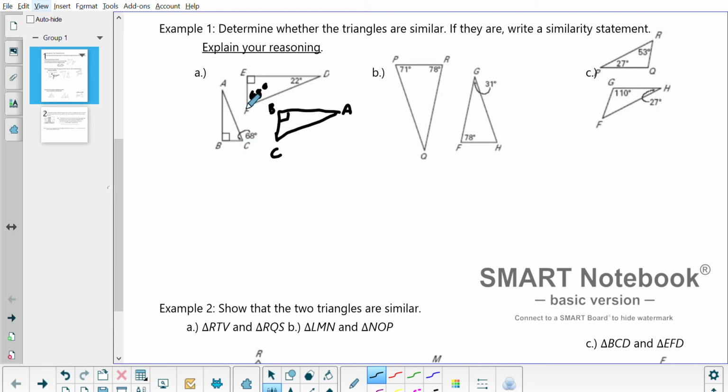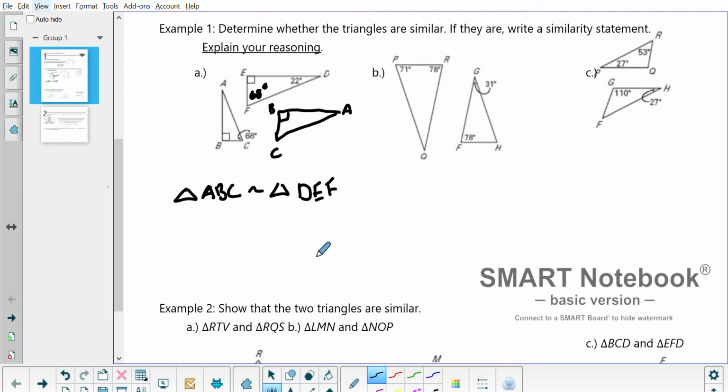So since we know all three angles are congruent here, we can say that triangle ABC is indeed similar to triangle. Now make sure your order is correct here. A corresponds with D, so we would have D. B corresponds with E, so we'd have DEF. And that's how we would do part A.